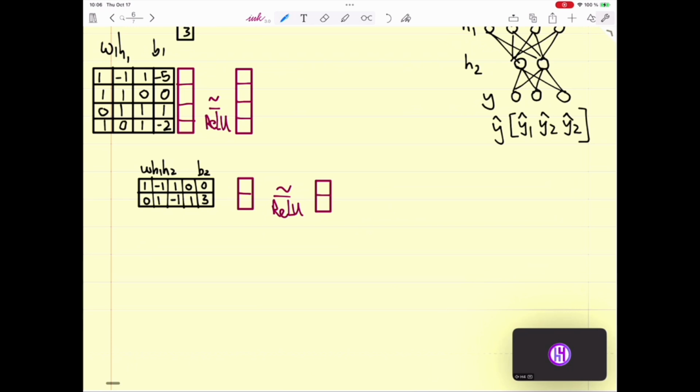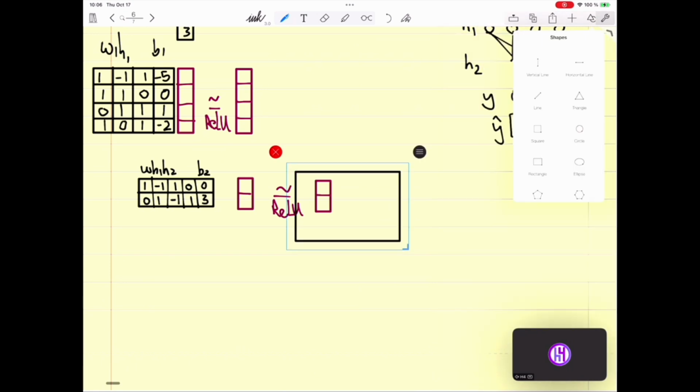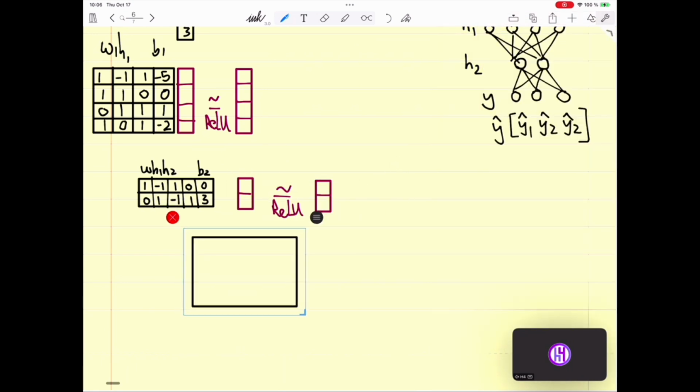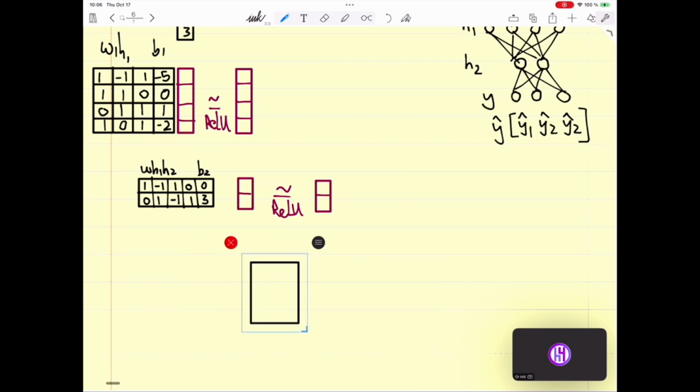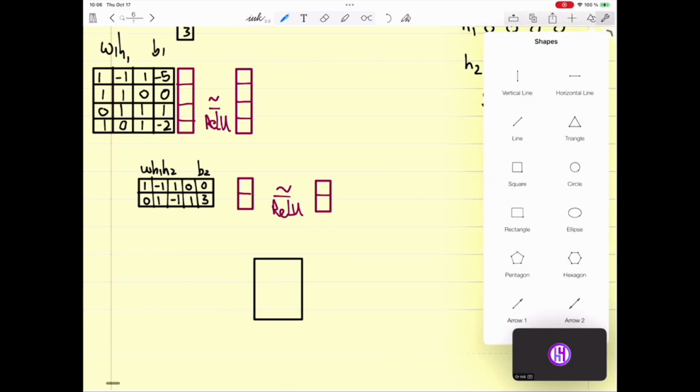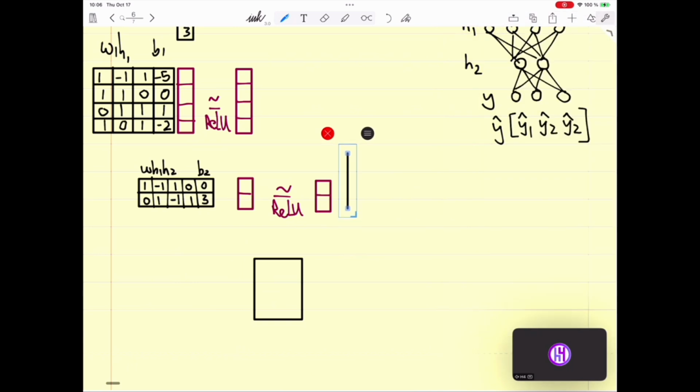And then we have our last weights, which are given. Again, I need some space in between. And then this is going to be like this.